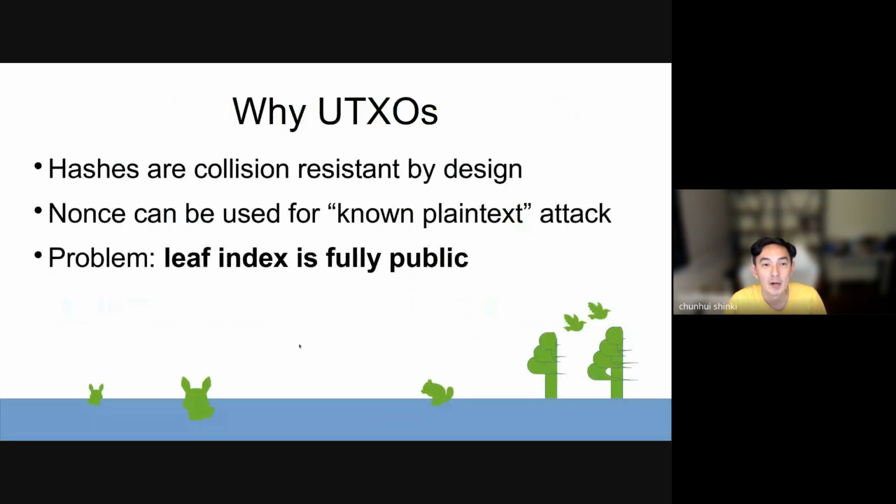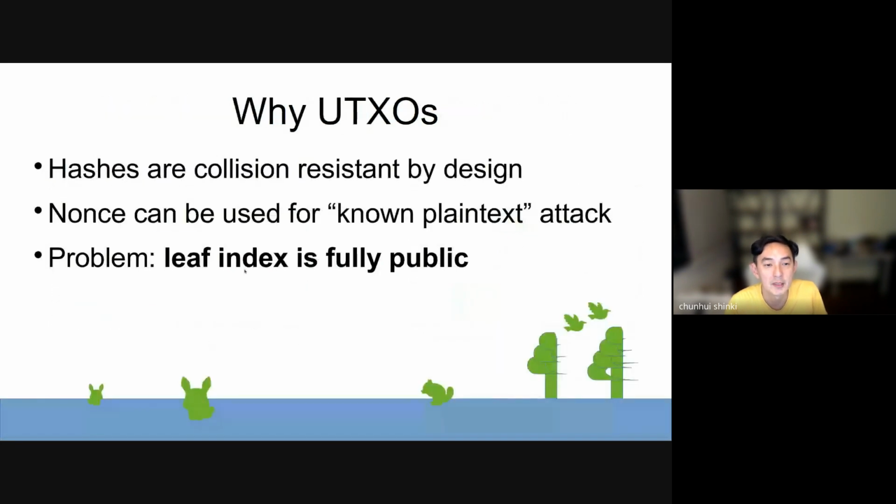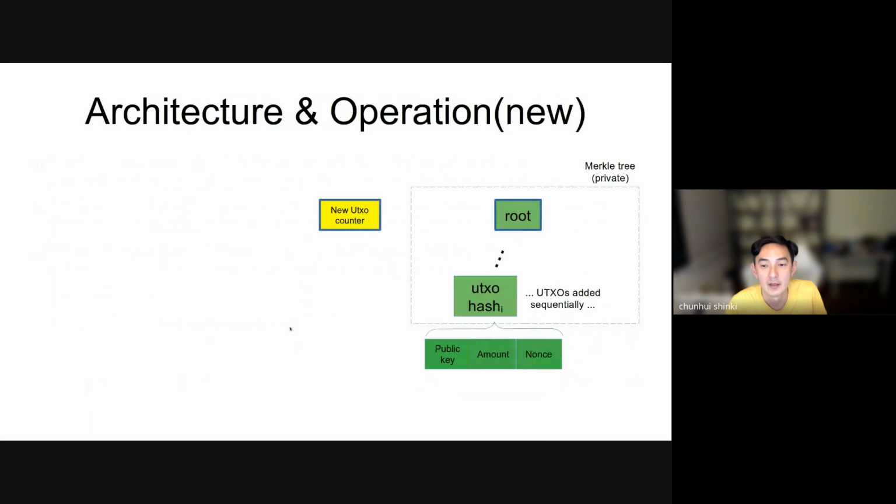So even though UTXOs are great, they have collision resistance, but we can't really use hashing as a mechanism for this. So the nonce, in this previous situation, helped us to protect ourselves against what is known as a known plaintext attack, right? So that you can't deduce the balance, but the problem is with the index, right?